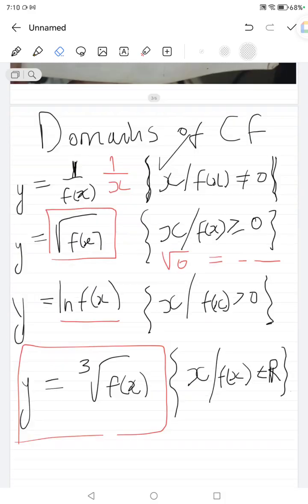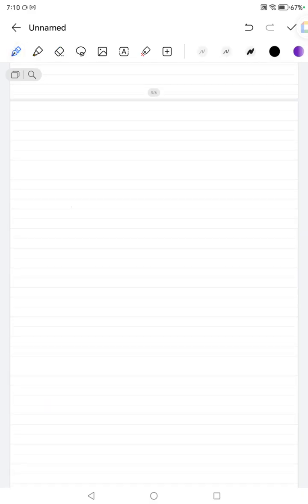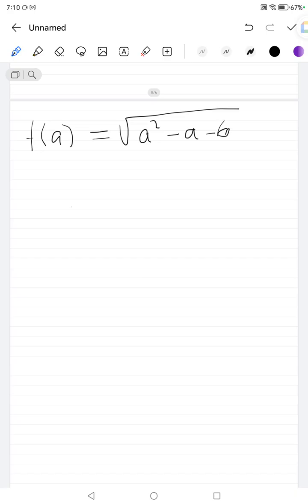So we have this. Okay, now I think I have memorized it. It's been a long day. We have f of a. We have a squared minus a minus 6, and this is under a square root. Then we check what is the restriction for this one.